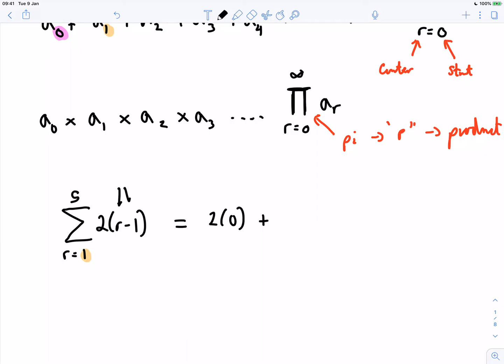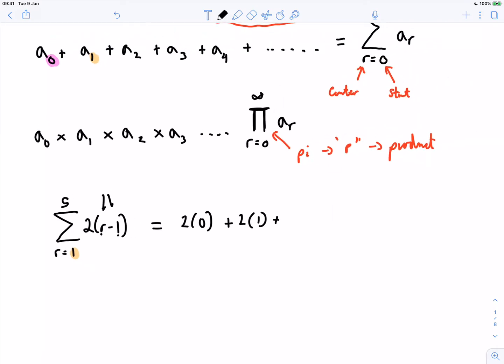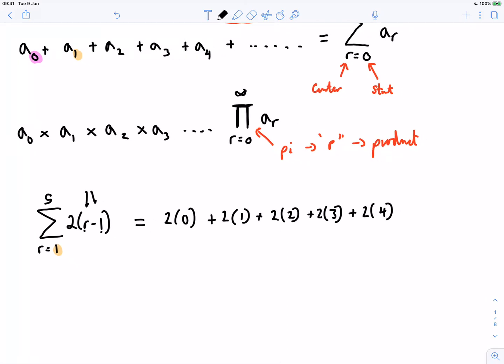Plus next term, when R is 2, I've got 2 minus 1, which is 1 times 2. Plus, when R is 3, I've got 3 minus 1, which is 2 times 2. And then when R is 4, I've got 4 minus 1, which is 3 times 2. Plus, when R is finally 5, I've got 5 minus 1, which is 4 times 2. Now, I'm hoping you can see that this will just sum up to 20.